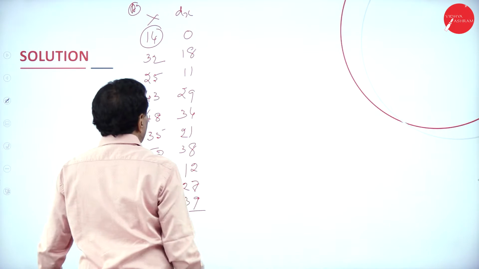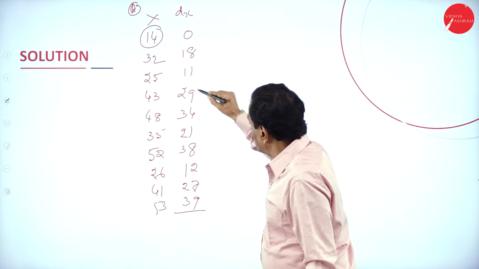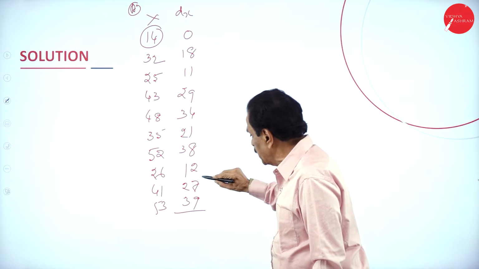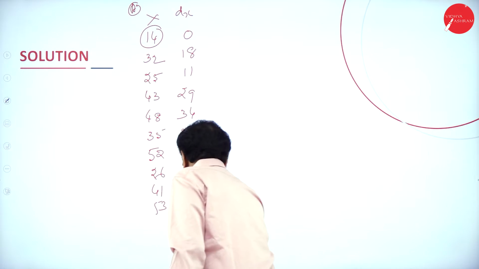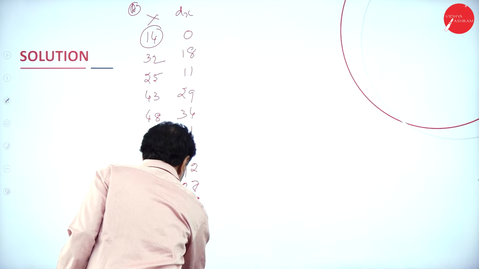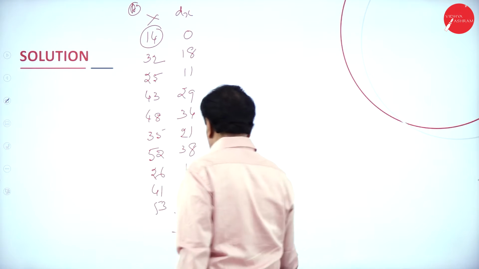Check it manually. 8 plus 1, 9, 9 plus 9, 18, 22, 23, 31, 33, 40, 49. 4 remaining, 229. This is sigma dx.